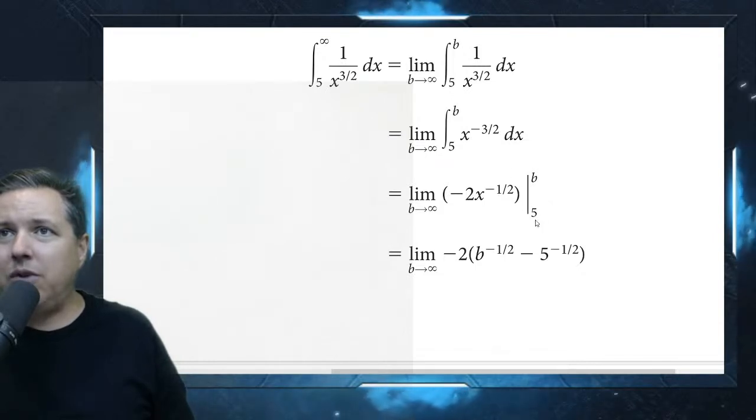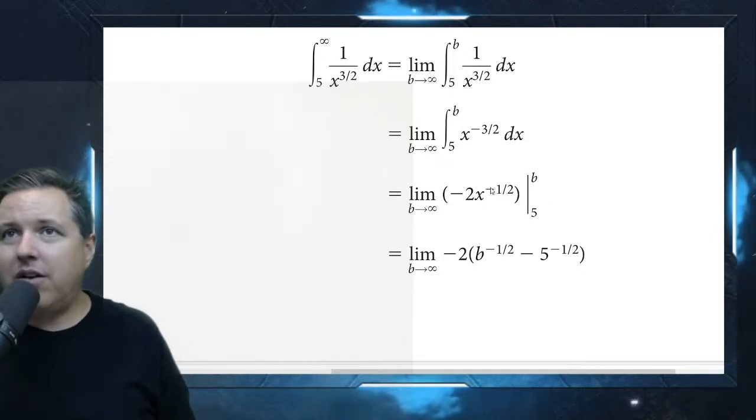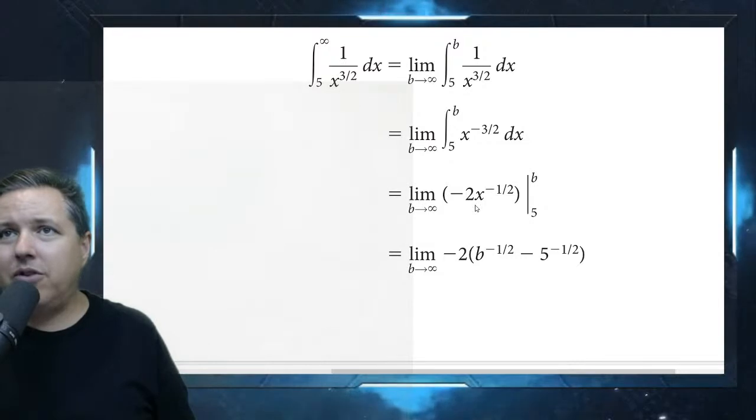So we plug the b in first, so we get negative 2b to the negative 1/2. Then we subtract what we get when we plug the 5 in.